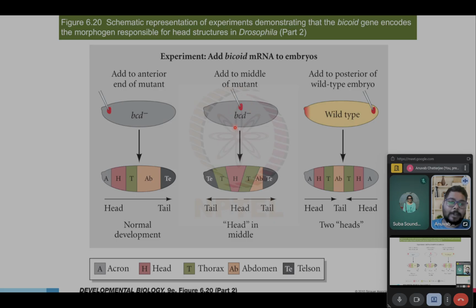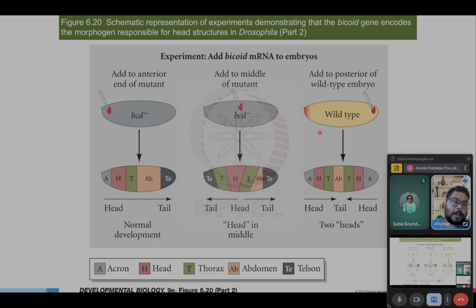But when they added it to the middle of the embryo, the head region started forming in the middle. We have already learned that this is how morphogens act. Wherever there is the highest concentration of bicoid, there the tissues will take that particular fate. So the highest concentration of bicoid has the head fate, and that is why even if you inject it into the middle, the head forms in the middle.